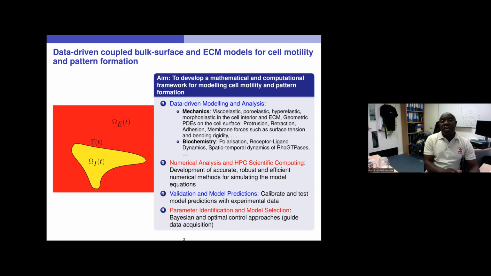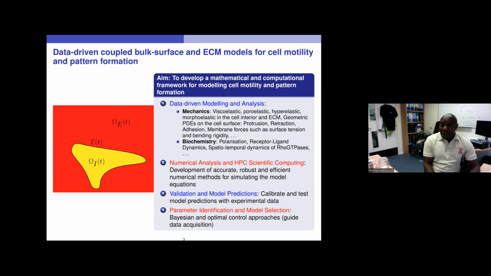I'm looking at data-driven coupled bulk-surface extracellular matrix models for cell motility and pattern formation. The aim is to develop mathematical and computational models for cell motility and pattern formation, and I want to couple two things: mechanics and biochemistry.